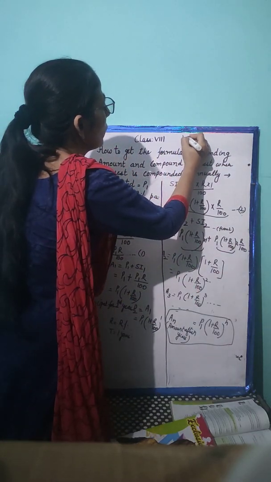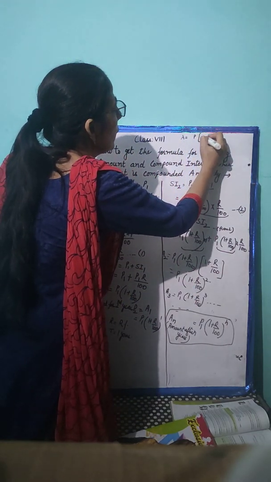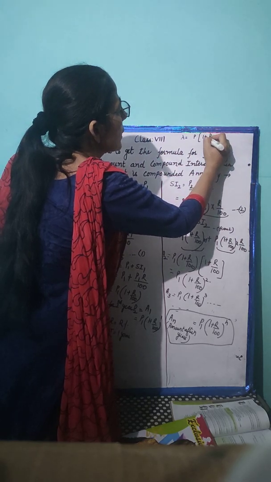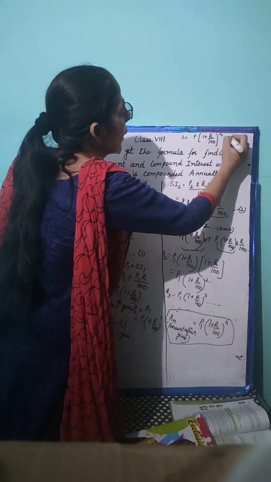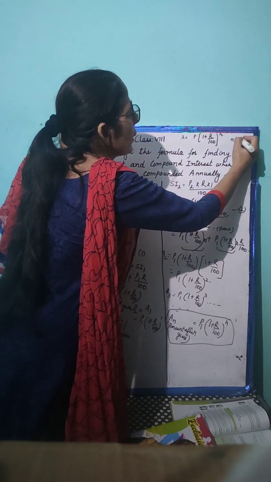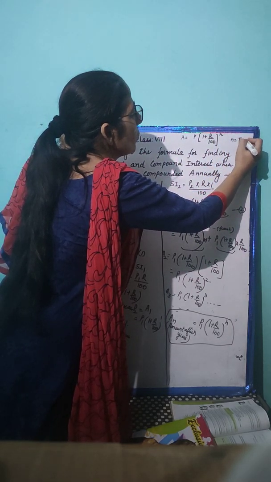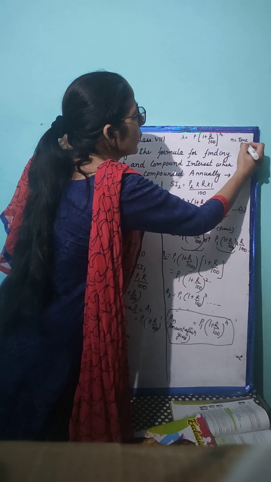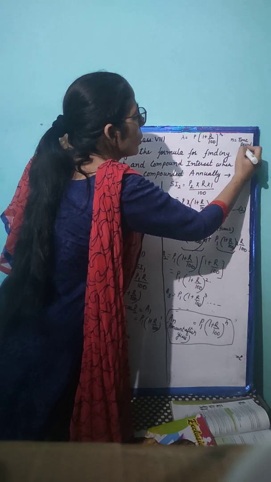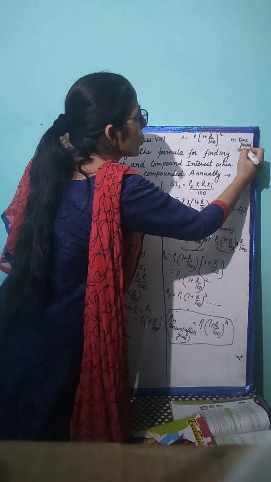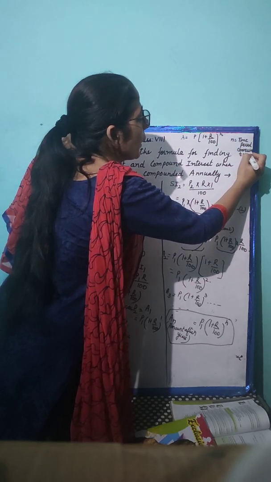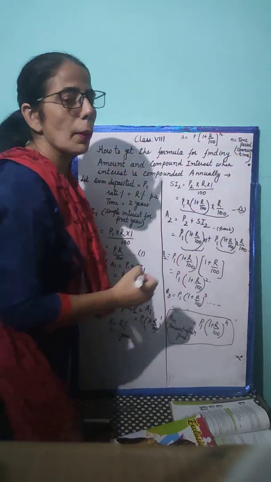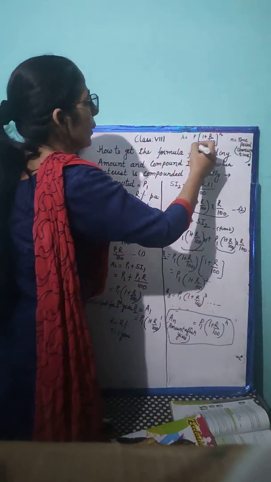Amount is equal to P into 1 plus R by 100 raised to power n, where n is the time period. This is also called conversion time, that is, how much time we are taking for compound interest.